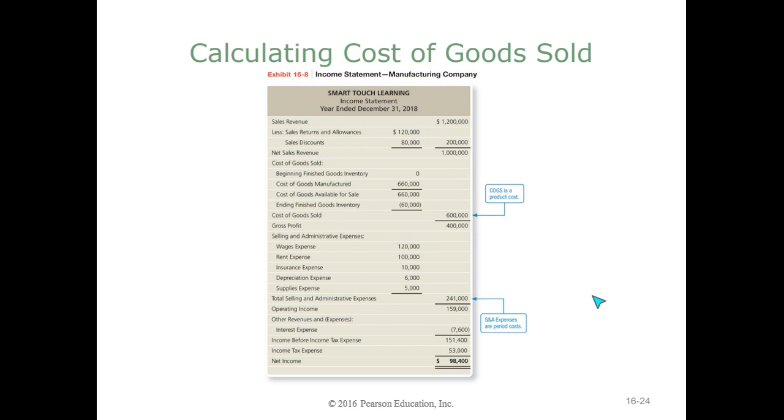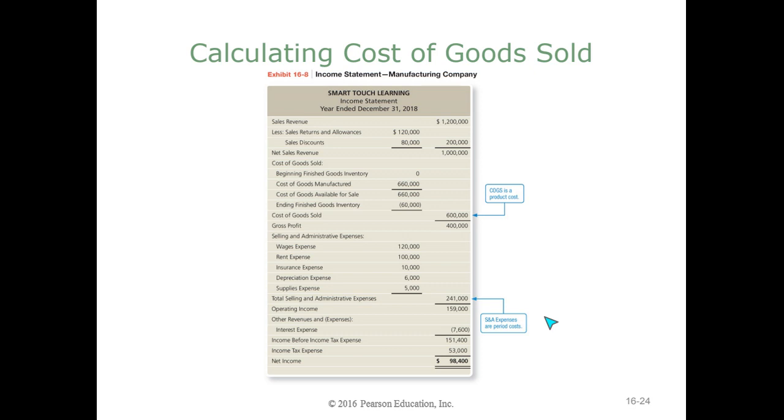This is the income statement for the manufacturing company. This is on page 840. You can use this to refer back to see what the income statement is supposed to look like for a manufacturing company, and also to help you with setting up your cost of goods sold if you have to calculate that.